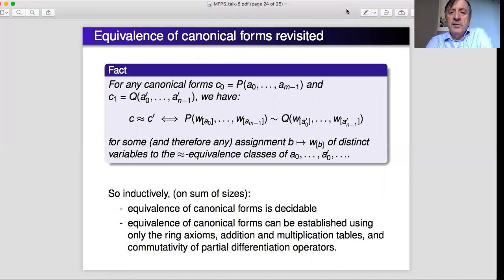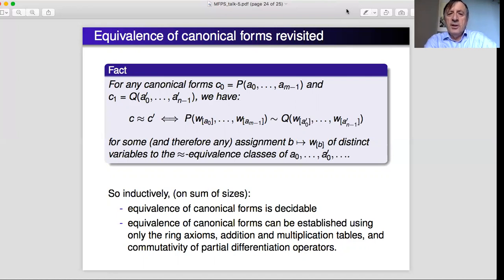The corresponding thing for canonical forms says, well, previously we had this very large global assignment of interpolation variables, which you need for the proof. We can do a local assignment as well, or instead. So we think of two canonical forms. We think of their atomic forms, or so-called immediate atomic forms, the A's and the A primes. We figure out what their equivalence classes are, and then we assign to each equivalence class of that finite set a new variable, and then we look to see if those resulting node polynomials are equivalent.